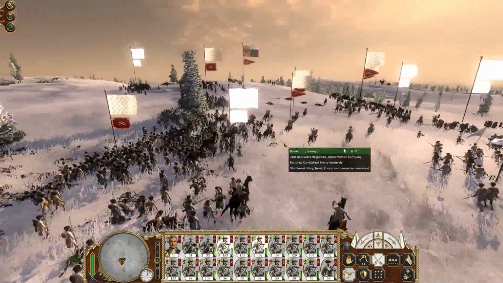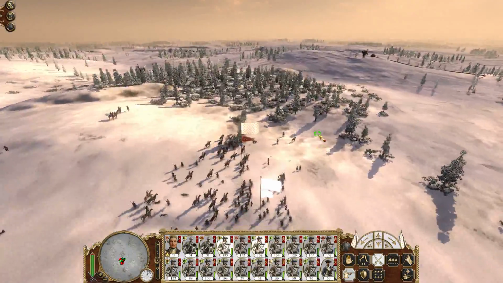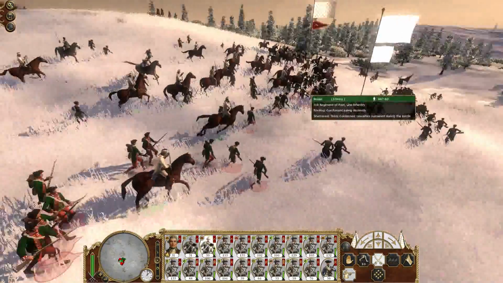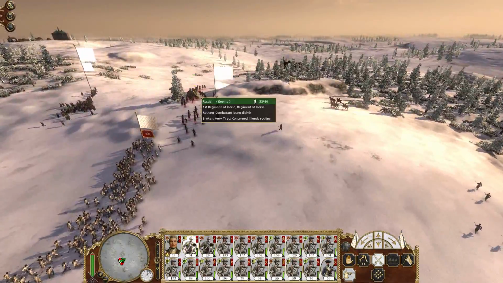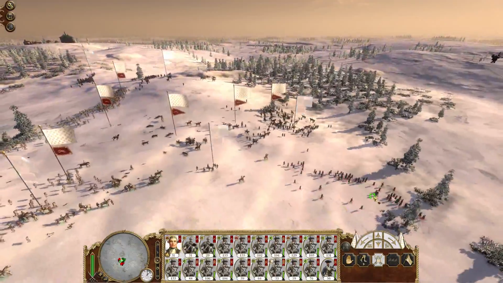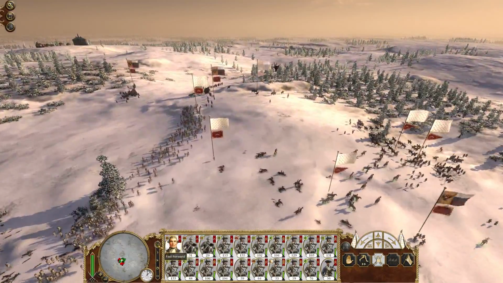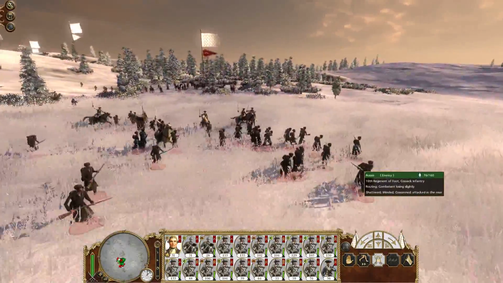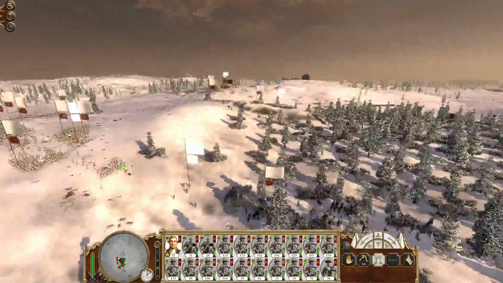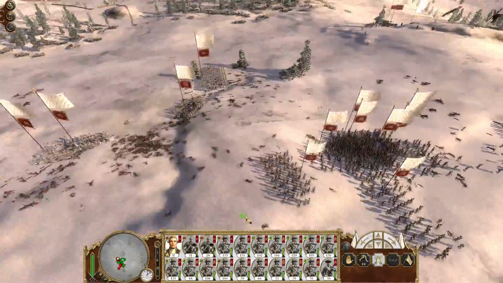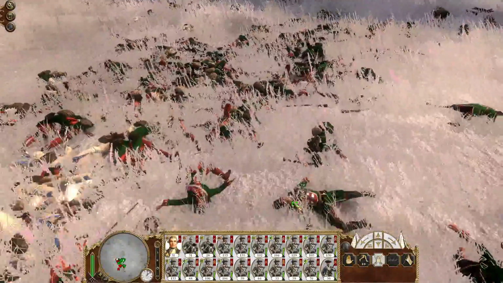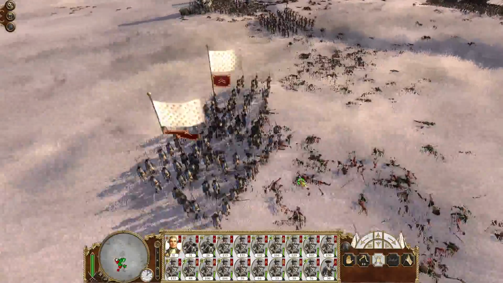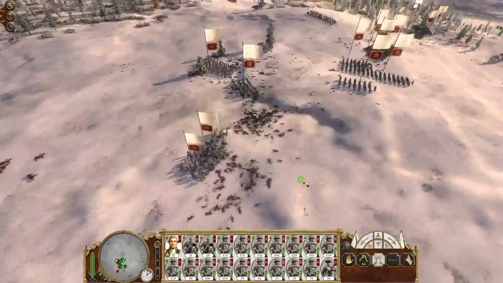And we're going to continue the battle. We're going to make sure that the majority of their troops is being cut off and picked off by our cavalry. So that's the battle right here. As you can see, we did it quite well.